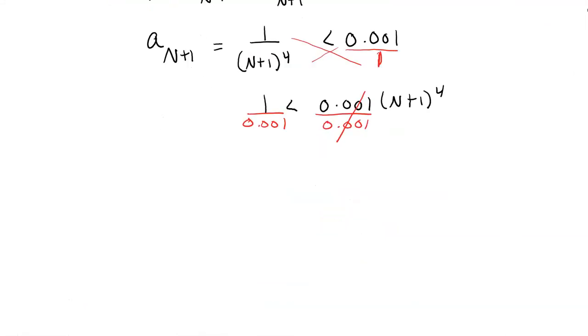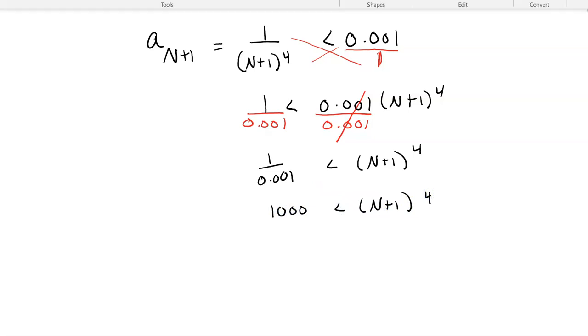And I get that 1 over 0.001 has to be less than n plus 1 to the fourth power. I can take the fourth root of both sides, or before we do that, 1 over 0.001 is 1,000. And now I can take the fourth root of both sides.